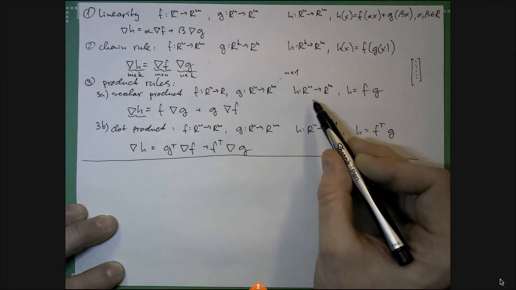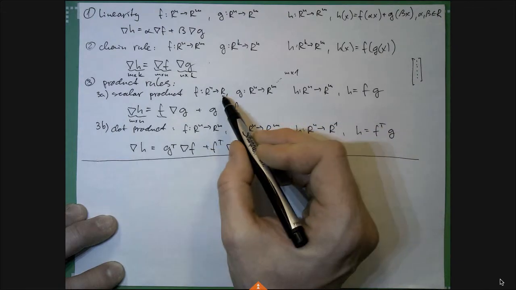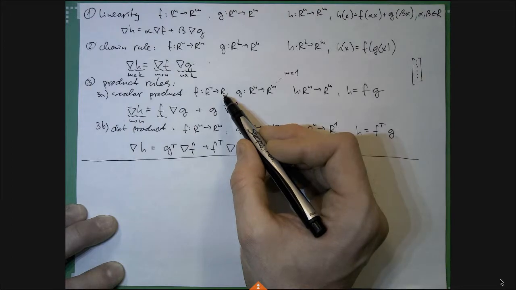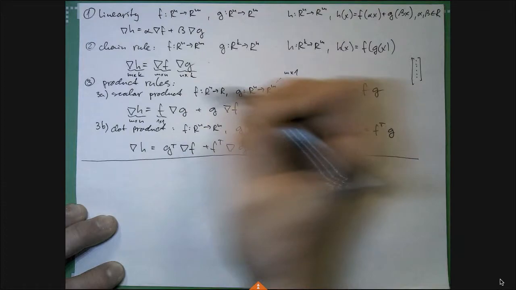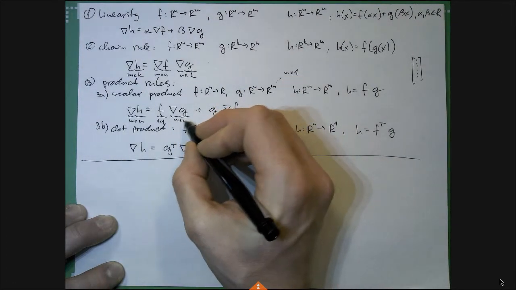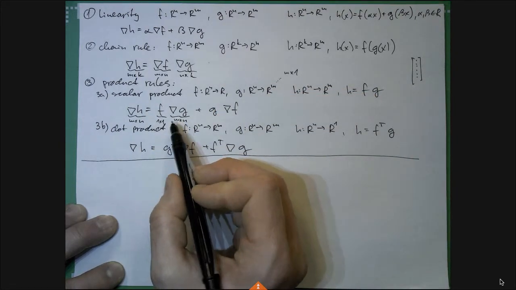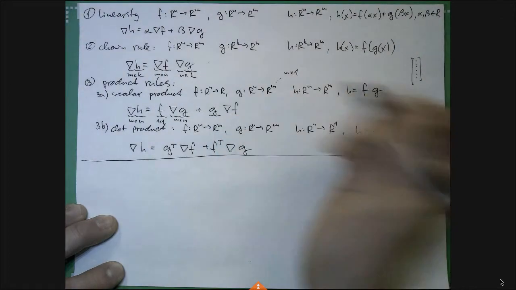So let's make the type check here. The gradient of H must be an M by N matrix. f is just the function itself. What are the dimensions of f? That's just a scalar, so 1 by 1. The gradient of g is M by N, so this is a scalar times a matrix. That's where you start to see the difference between regular single-variable calculus and multivariate calculus.